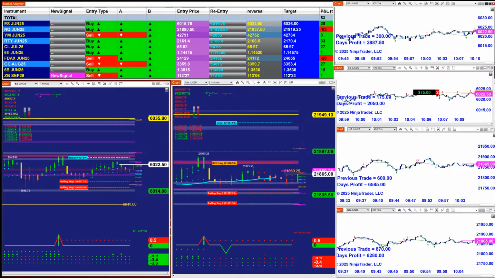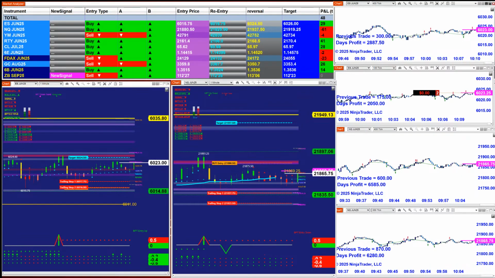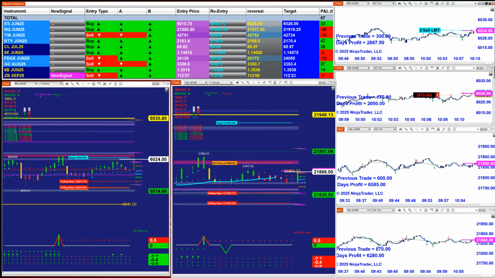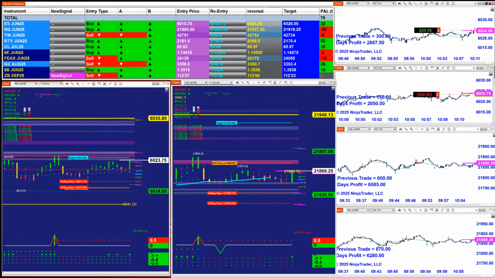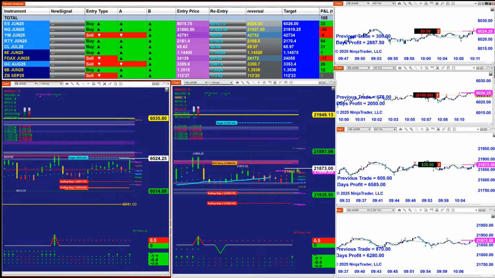You can see it, a sell signal on the 30-year Treasury bond. We got a short on the Nasdaq.